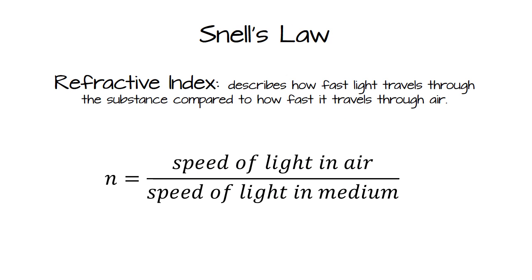And here's a formula that describes that in a very simple way. N is the variable we use for refractive index. N equals the speed of light in air, and remember, technically it's the speed of light in a vacuum, but the speed of light in air divided by the speed of light in that particular medium. That will give you the refractive index of that medium.